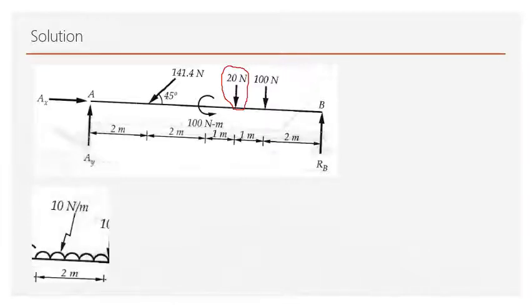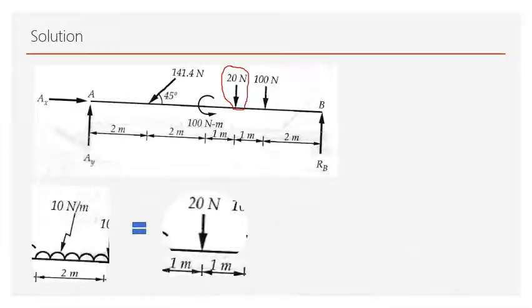So its equivalent load is 10 into 2, that is 20 Newton. And where does it act? At the midpoint, that is 2 by 2, that is 1 meter from either end. So that is what is shown in the free body diagram: the 10 Newton per meter UDL is replaced by an equivalent point load, 10 into 2, 20 Newton.